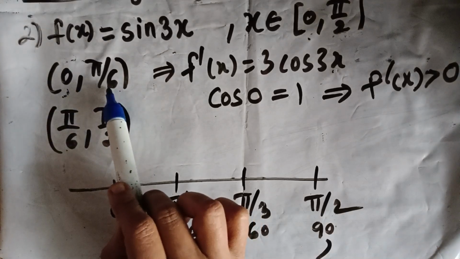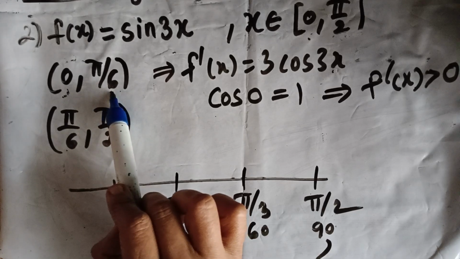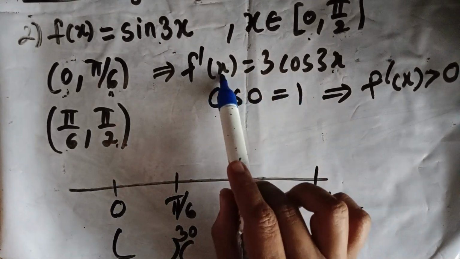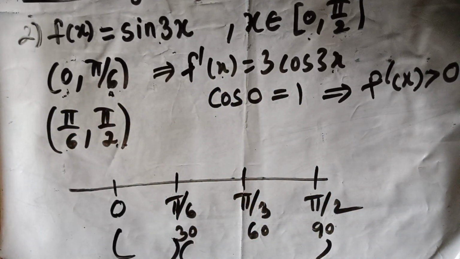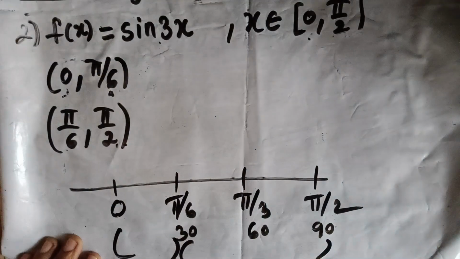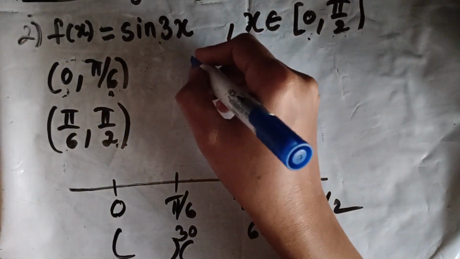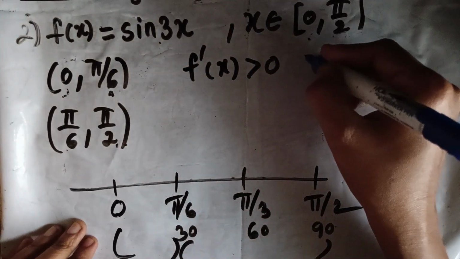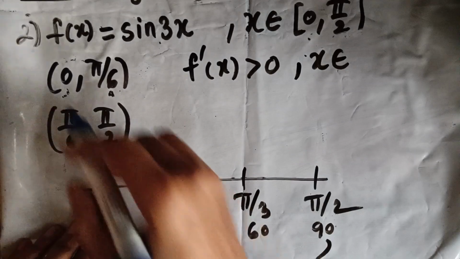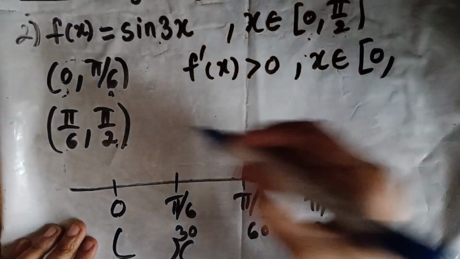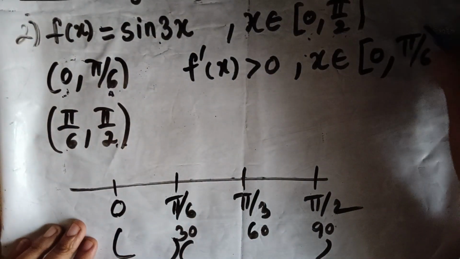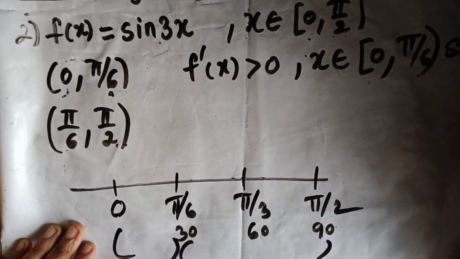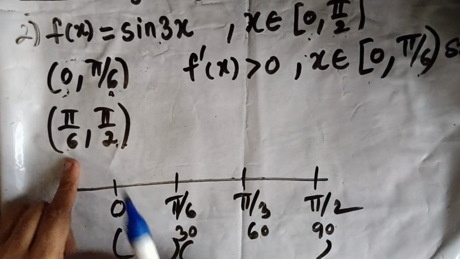But we have to remove pi by 6 because at this point f dash of x becomes equal to 0. So you can write like this: f dash of x is greater than 0 for x belonging to the interval including 0 and removing pi by 6. So for this interval, it is strictly increasing.